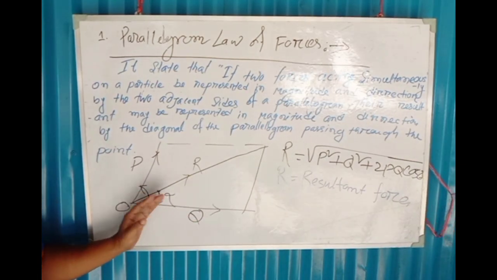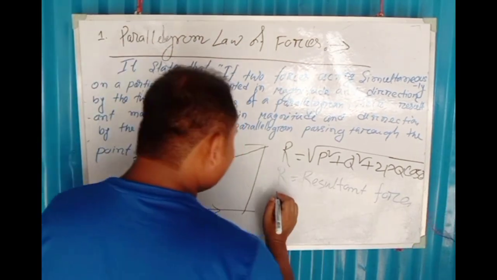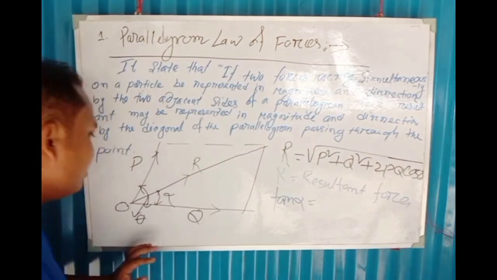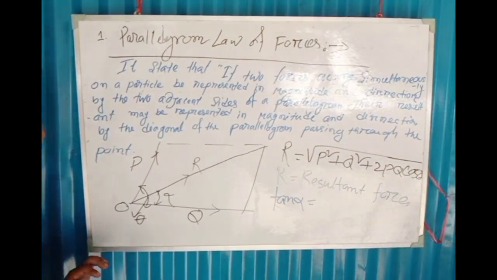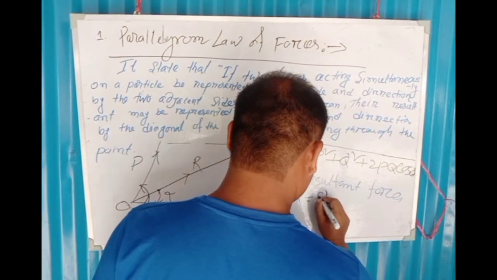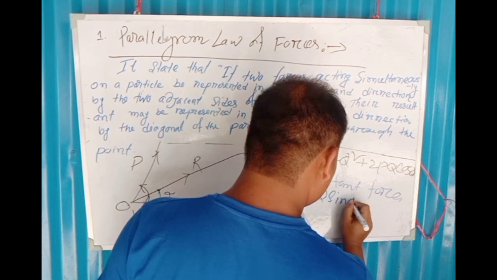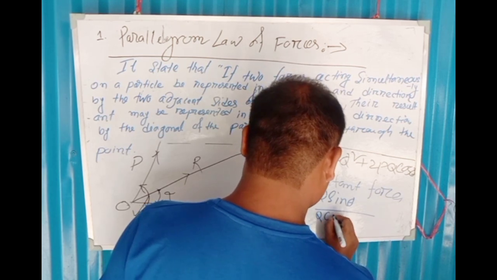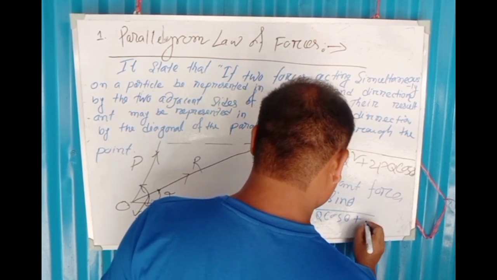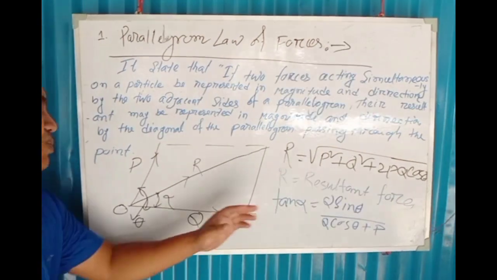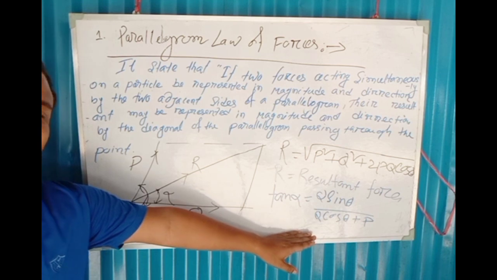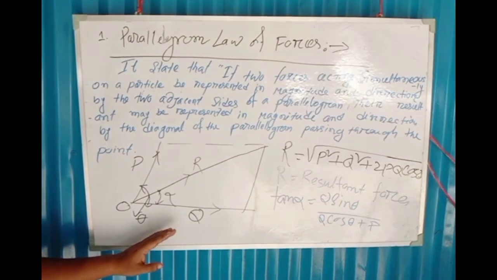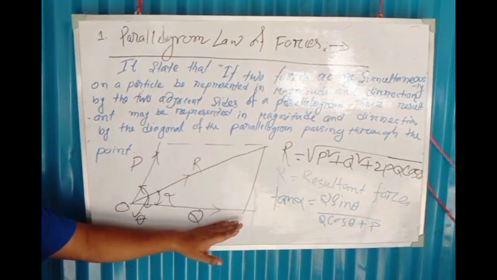We can find the value of alpha by this formula: tan alpha equals Q sin theta divided by Q cos theta plus P. By this formula, we can easily calculate the angle of the resultant force with the force.